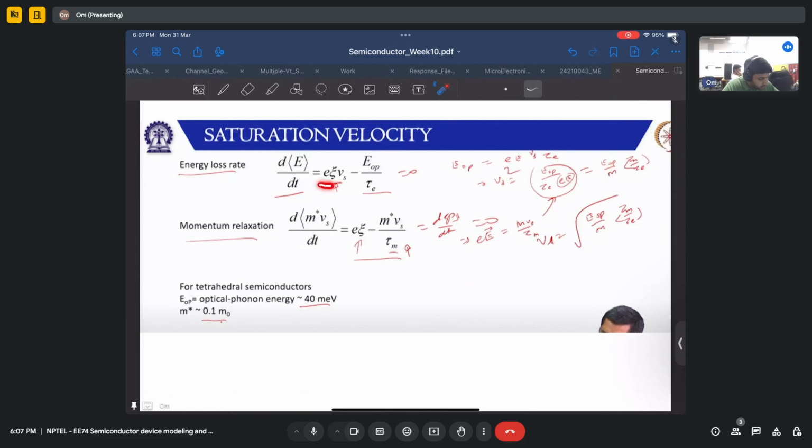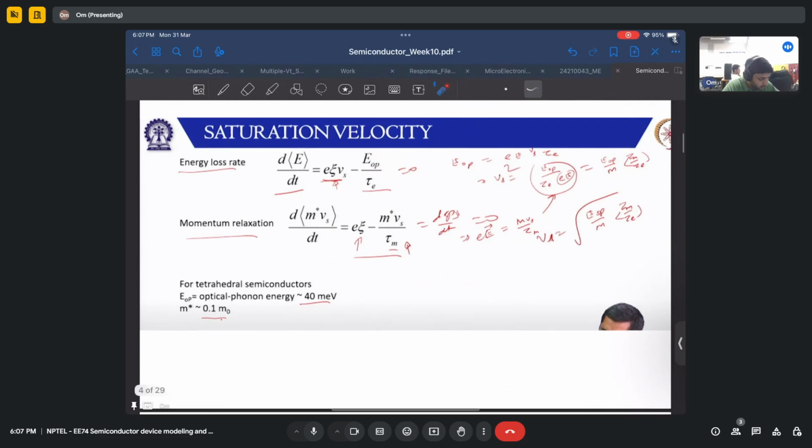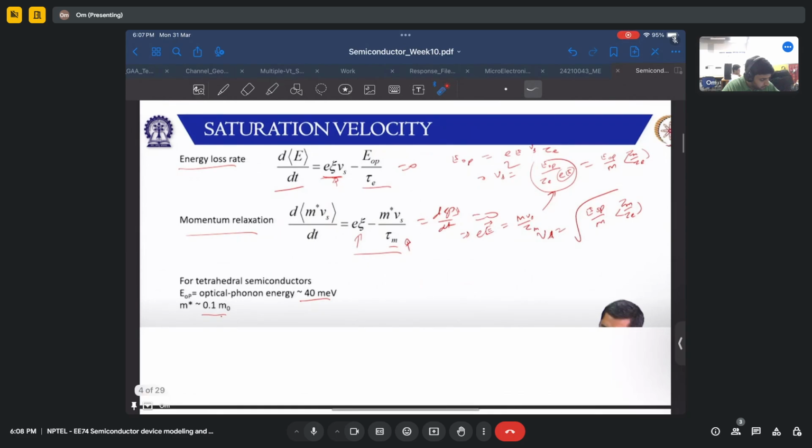So this is the rate of change of energy of electrons under the influence of some field E with saturation velocity Vs, and this is the energy loss due to scattering, and in steady state both of these terms will be equal, that is the rate of change of energy of electrons will be 0. Similarly in momentum relaxation, this is nothing but dp by dt. Here this is the force term, and this is again mvs by tau, the change in momentum due to scattering.